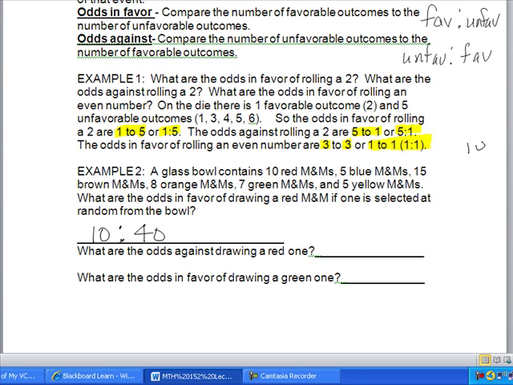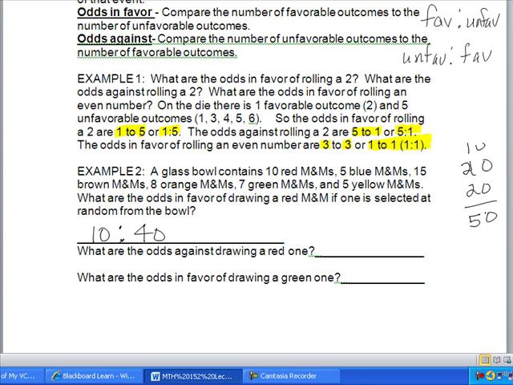We have 10, we have 20 if I add the blue and the brown, 15, 20 if I add the green and the yellow, so we do have 50 in all. So we have 10 that are red to 40 that are not red.